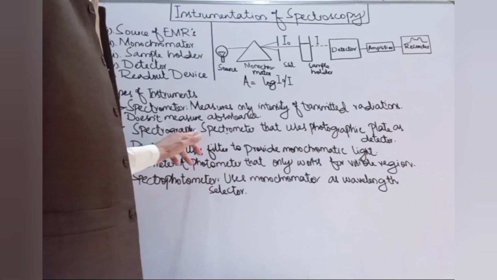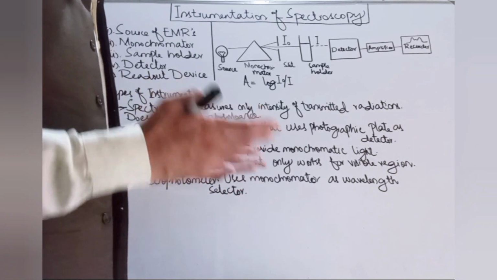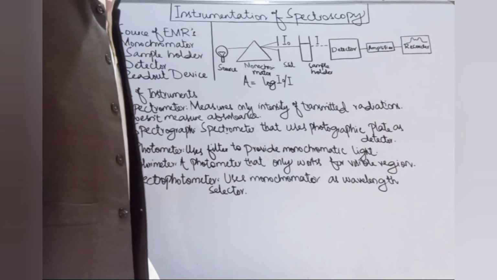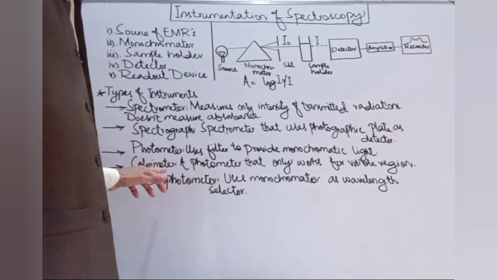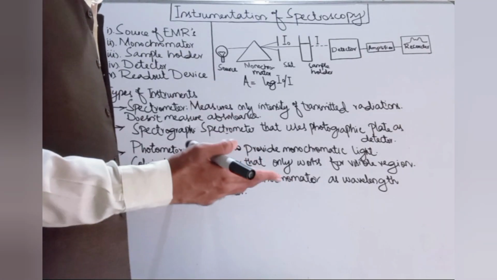So the photometer uses a filter to provide monochromatic light, and the filter may be a thin film. A colorimeter is a photometer that only works for visible vision. So it is the photometer that is specified for the visible region of the electromagnetic spectrum.